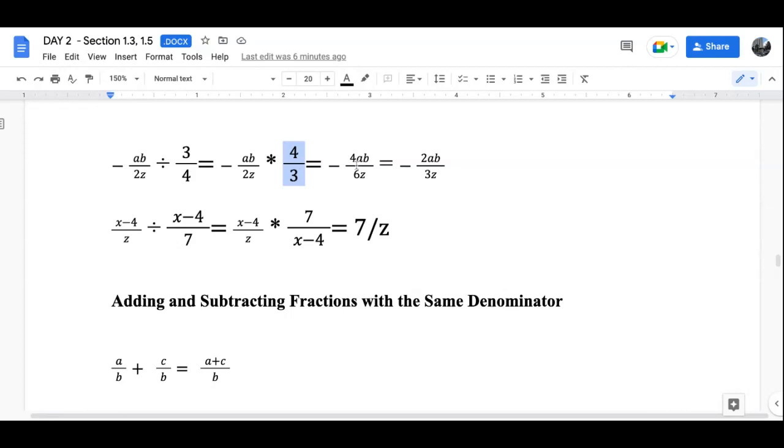Then we multiply numerator with numerator, we get 4ab. Denominator with denominator, 2z times 3, is 6z. Then we see a common factor between 4 and 6, that's 2. So we divide by 2 in the numerator and the denominator. Our final answer is negative 2ab over 3z.